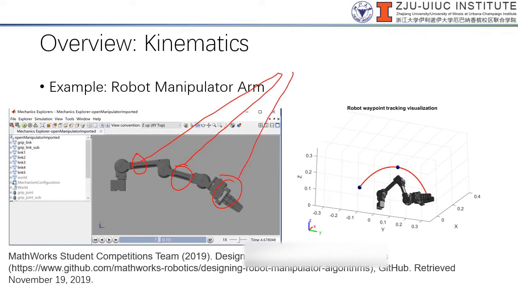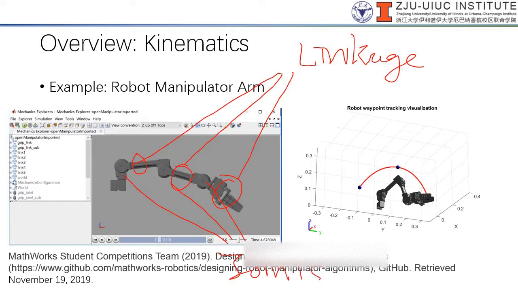All these are called linkages, and of course you have joints. So all these are joints. And so we want to establish a way of representing these multiple bodies in 3D space, to be able to represent the position and orientation, and to be able to explain the transformation.